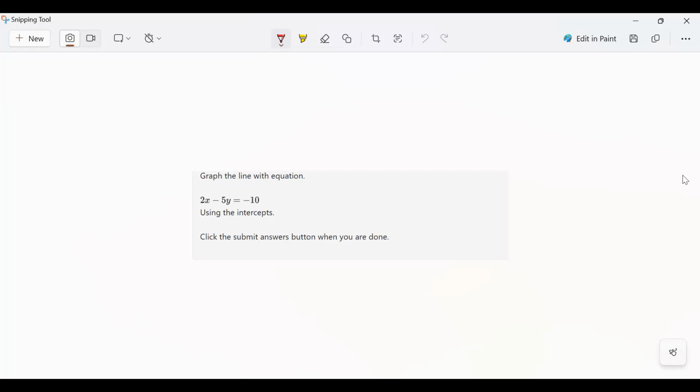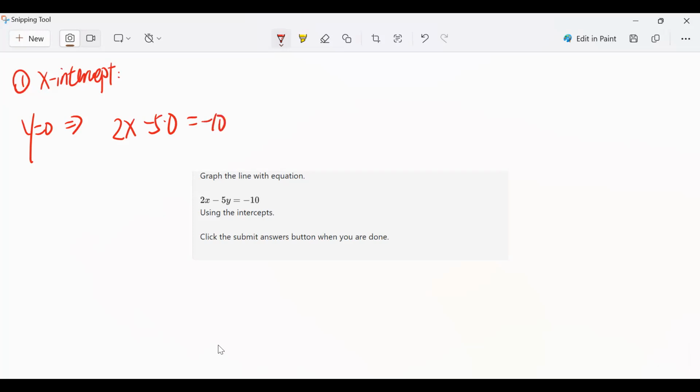Okay, let's go over the solution. Let's find the x- and y-intercepts first. I'll start with the x-intercept. So y equals 0. We get 2x minus 5 times 0 equals 10, and 2x minus 0 equals 10.